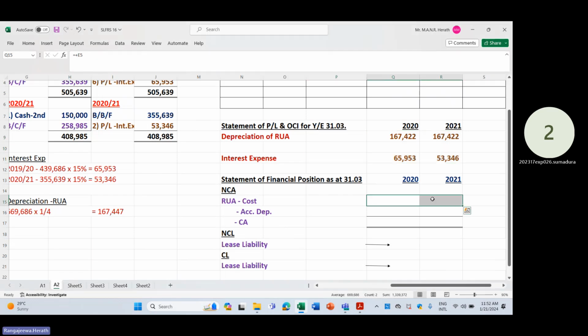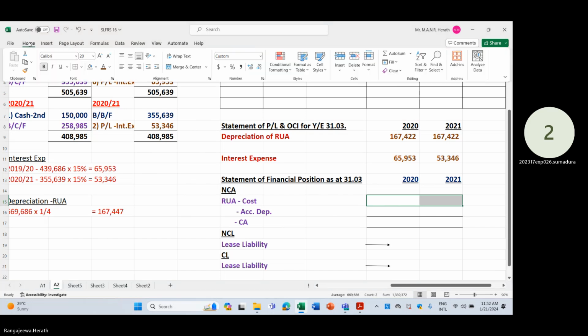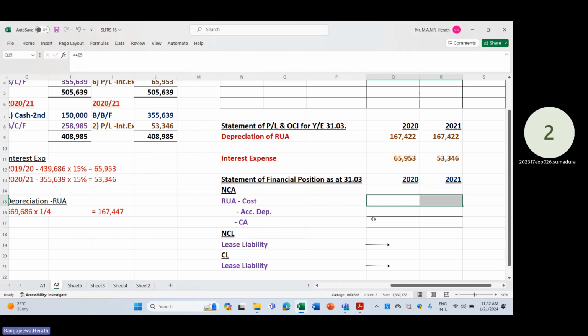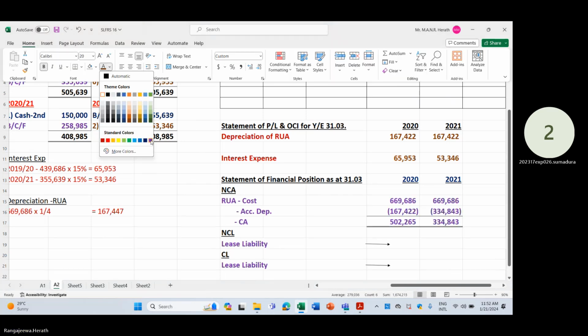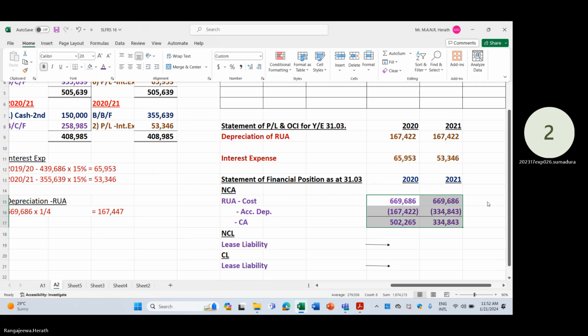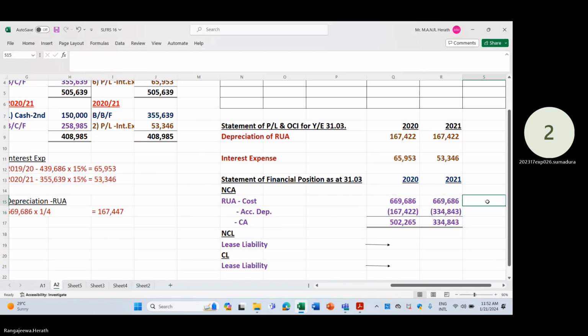The right of use asset can show the value of asset minus accumulated depreciation. You have the carrying amount, net book value. So the statement of profit or loss and OCI extract.